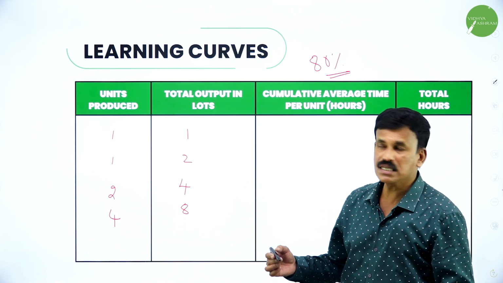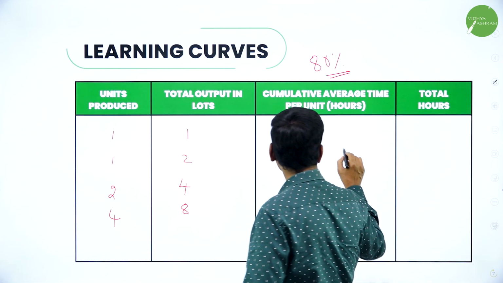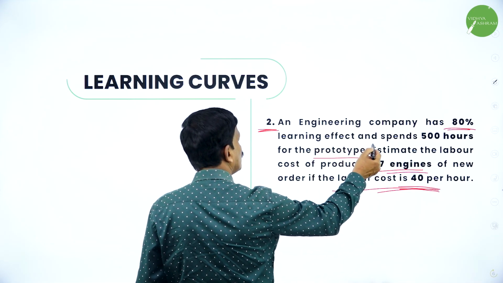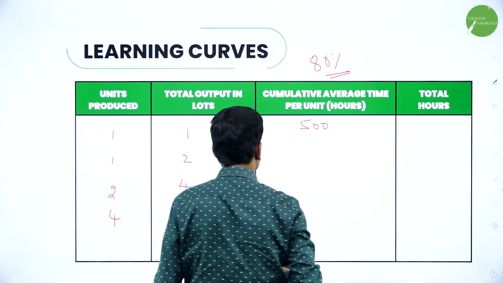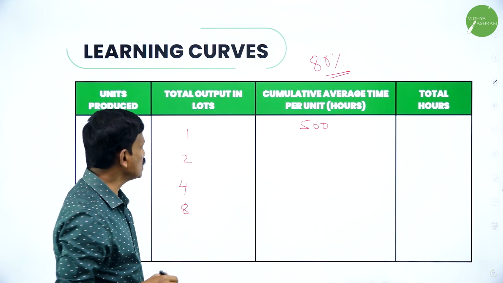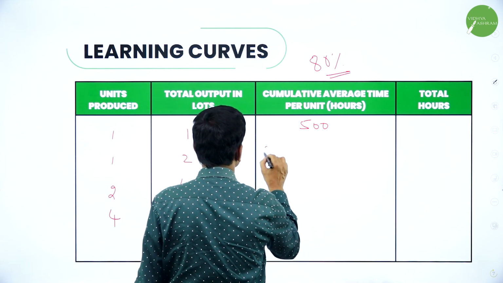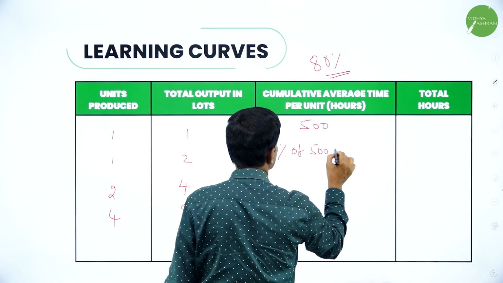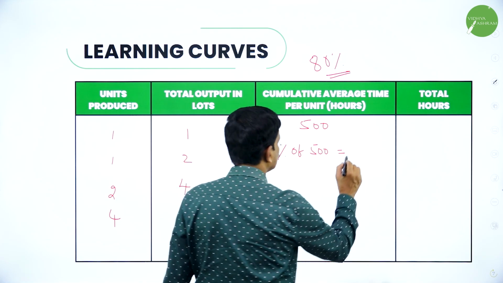Okay. Now just calculate the cumulative average time per unit. So what is the given value here? The initial value is 500. Learning effect and spends 500 hours. So the first unit is 500 per unit. For the second one, 80% of 500 is 400.